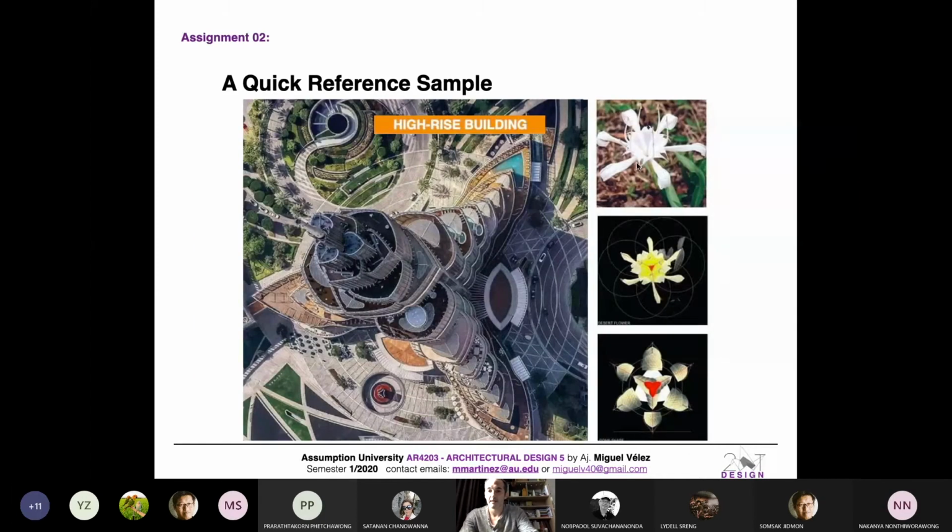Then we need to jump from this design concept to how to build it. Once you have the design concept, there is another step, and it's how you can translate this into the physical world.